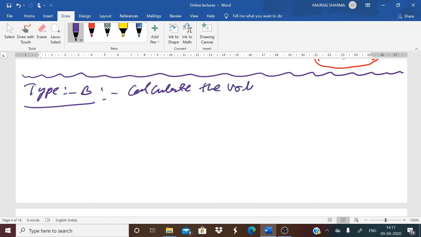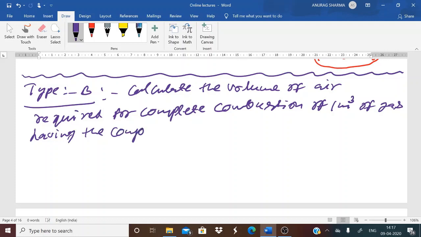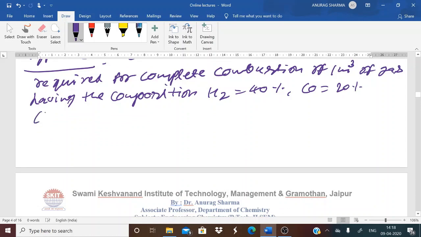Calculate the volume of air required for complete combustion of 1 meter cube of gas having the composition hydrogen equal to 40%, carbon monoxide equal to 20%, methane equal to 8%, and nitrogen is 60%. So this is our numerical.